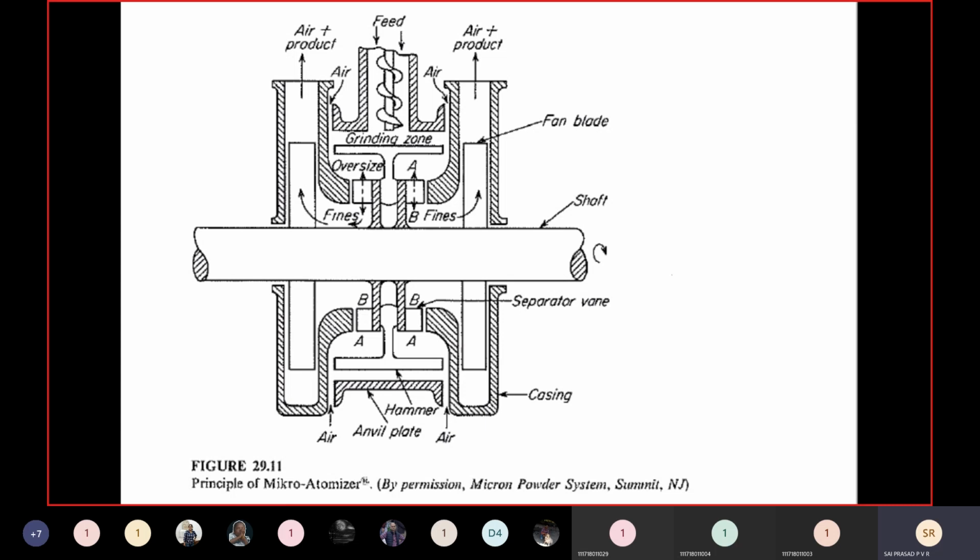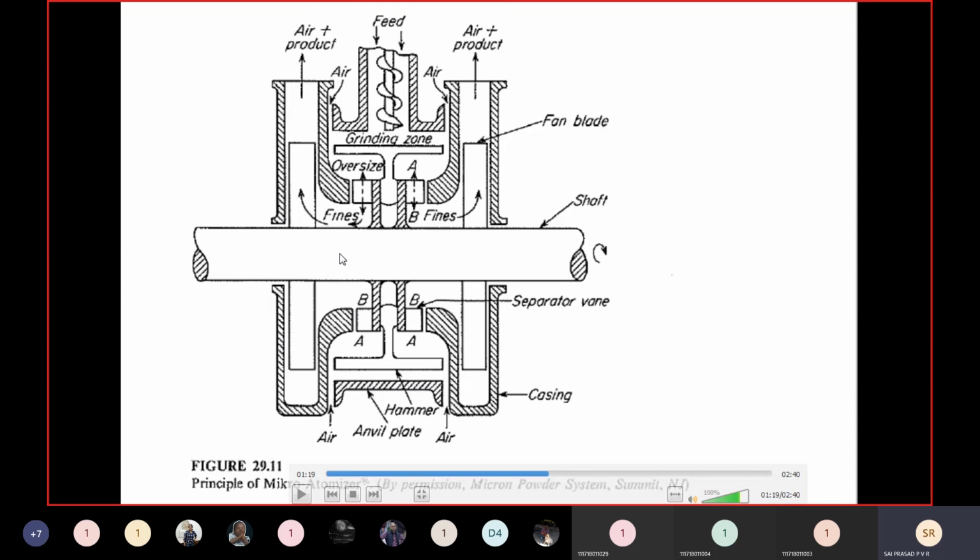After breaking, we are supposed to remove the solid particles. How to remove them? Now you see, we have fans. Two fans are mounted on the same shaft. When the fan is rotating, it takes the air from the system and throws it out. The system is actually closed, and from here the air enters, and then the air is thrown out from the system.